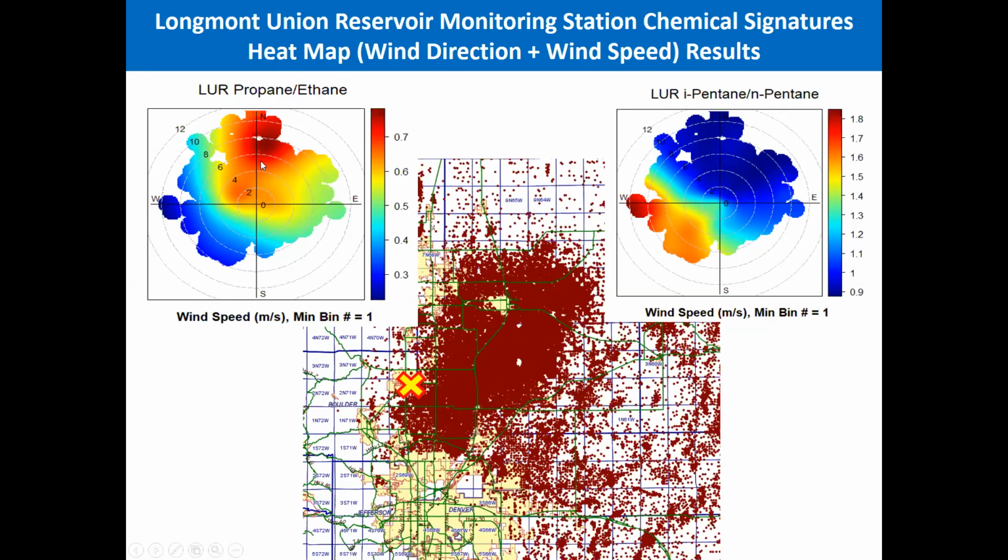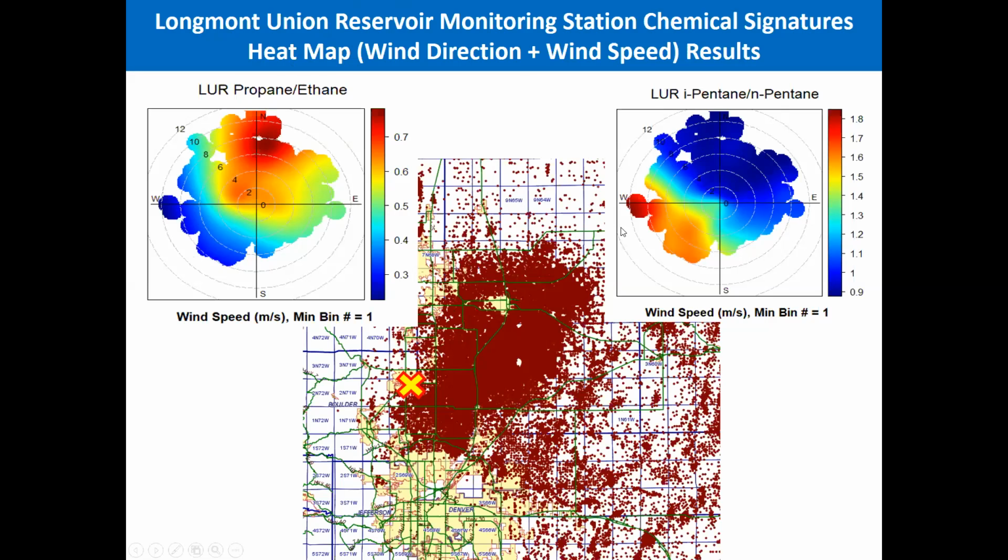So when air comes from the north and from the east, you can see how different these chemical signatures are, how different the composition of the atmosphere is, depending on where the air comes from and how windy it is. So this goes from low wind speeds to high wind speeds. Even if it's windy and the air comes from the north, you can see a much different signature than air that comes from the west, from the mountains.